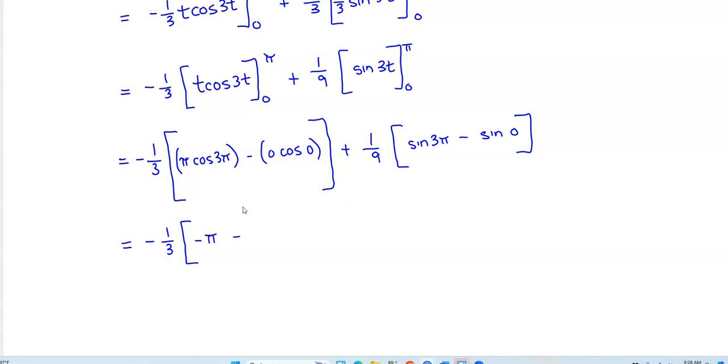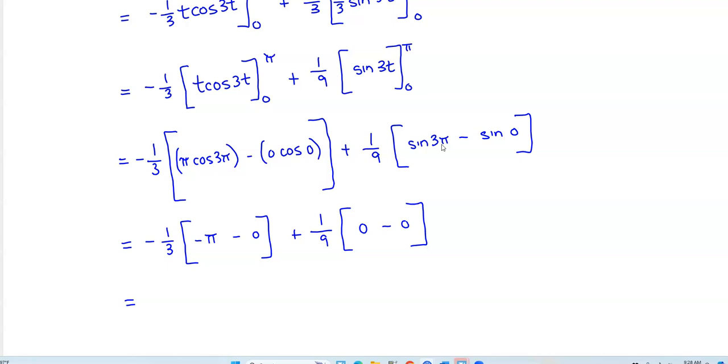And then that's minus 0, because 0 times 1 is going to give us 0. And then plus we have 1/9. The sine of 3 pi, or the sine of pi, is going to give us 0, minus the sine of 0, which is 0.